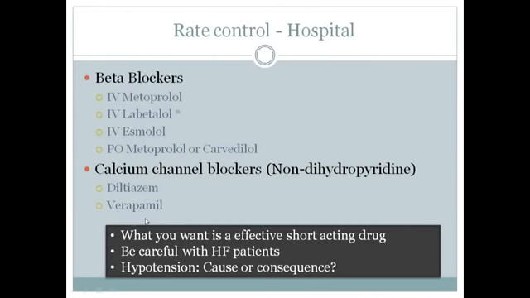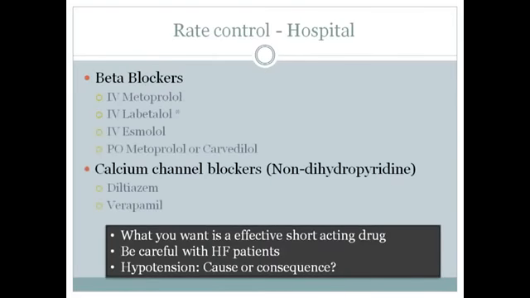Verapamil is more potent controlling the rate, but also has more negative inotropic properties, so it will make the heart failure worse. Diltiazem is also negative inotropic. It's useful. We use it all the time. You can use it as a drip or as a push. Okay? I would recommend starting first with a push, see how it goes. And if you like it, if you need the drip, then go ahead with it.